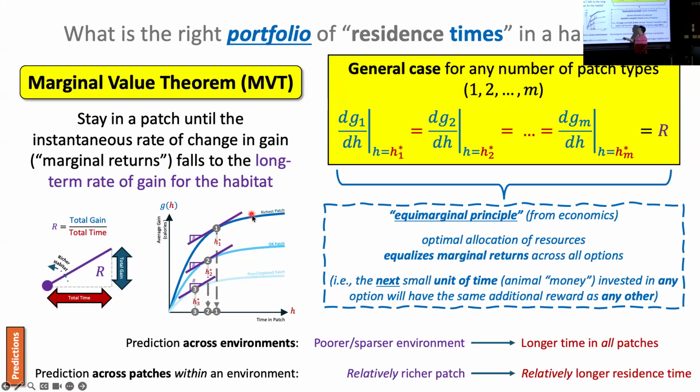So this line is parallel to this line, is parallel to this line, but because this line has faster diminishing returns, or it's a poorer patch to begin with, it doesn't take very long for you to hit the same point that you spent a lot longer in the rich patch. So you get different times, but the marginals are equalized across it. That is the marginal value theorem.